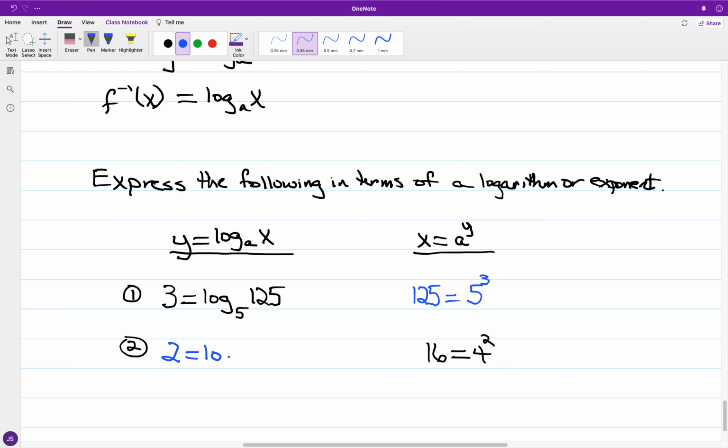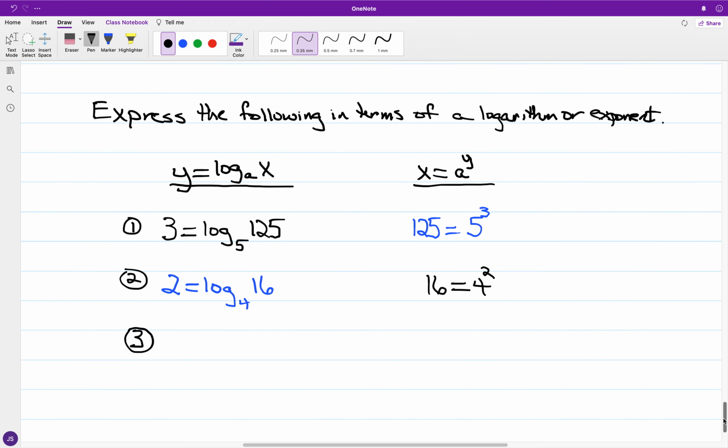So 2 is going to be equal to the base 4 logarithm of 16. And that would be a logical consistency, because 16 in terms of base 4, you have the base 4 logarithm of 4 squared, and that reduces to 2. Okay. So very much in line with what we have looked at so far with properties of logarithms from the start.